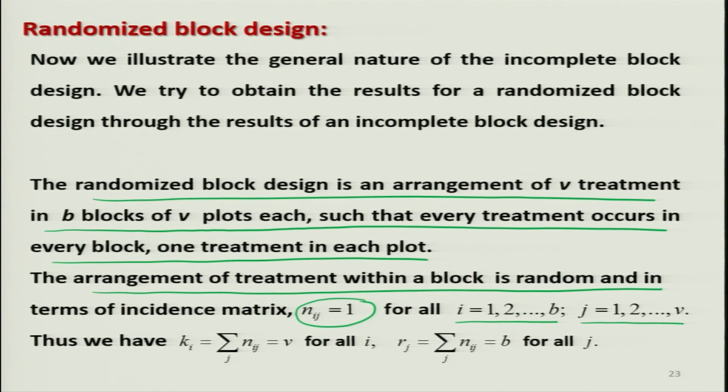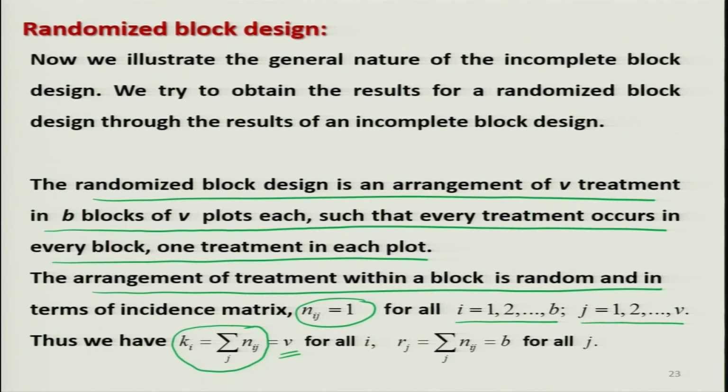Now, if you try to obtain the value of Ki, which was equal to the summation over j of Nij, this will come out to be V, because you are saying that the total number of plots in a block has to be the same as the total number of treatments, so that every treatment appears in every block once and only once.